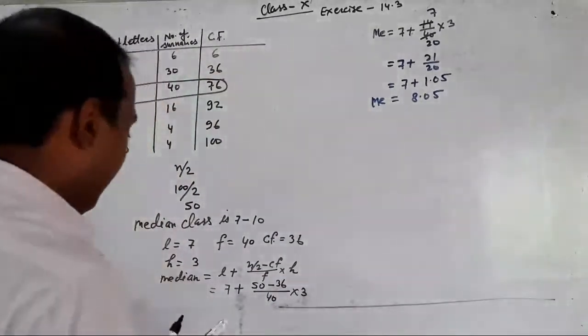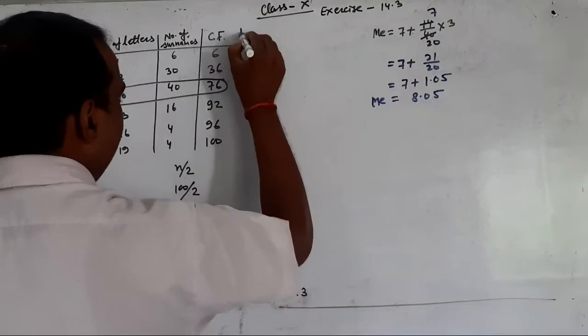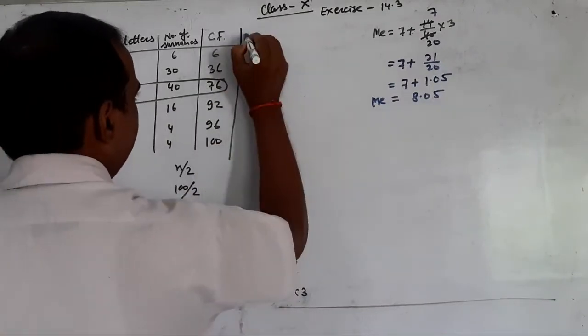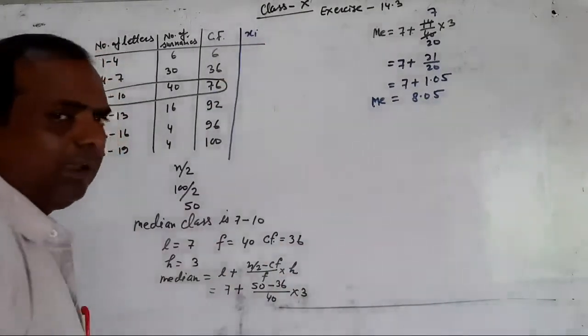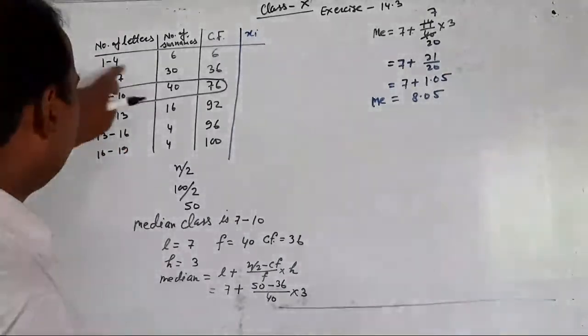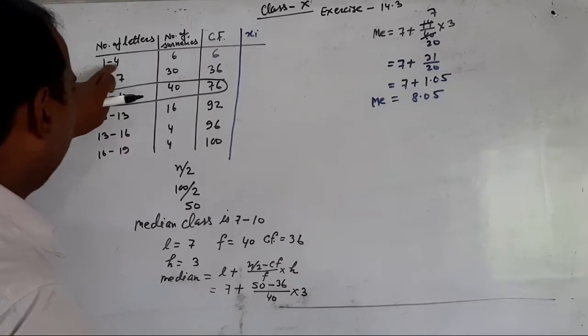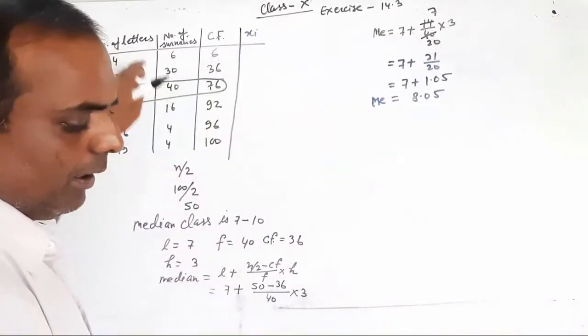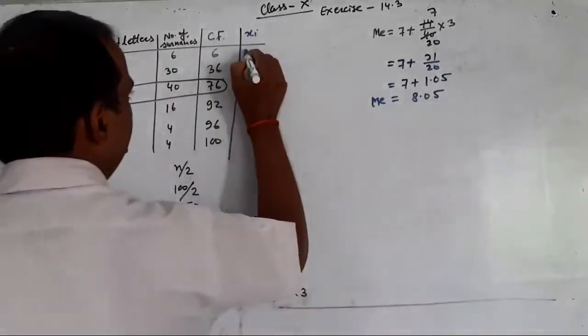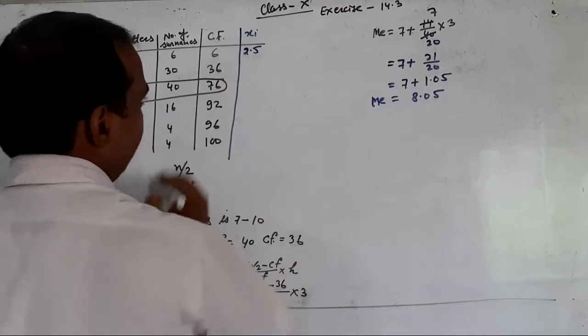To find mean, at first we have to find xi, it means class mark of each class interval, and it is equal to (L1 plus L2) by 2. So 1 plus 4, 5 by 2 equals 2.5.